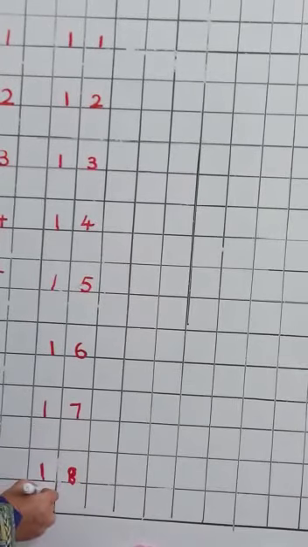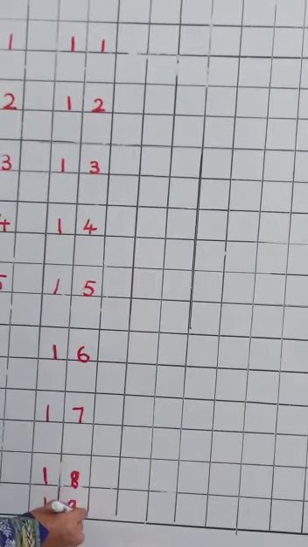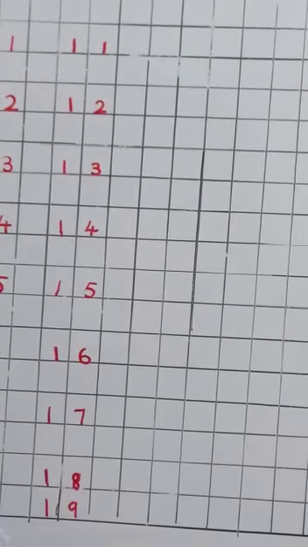And 10 and 9 makes 19. Now remember, I haven't left a block over here, but you have to leave one block empty over here.